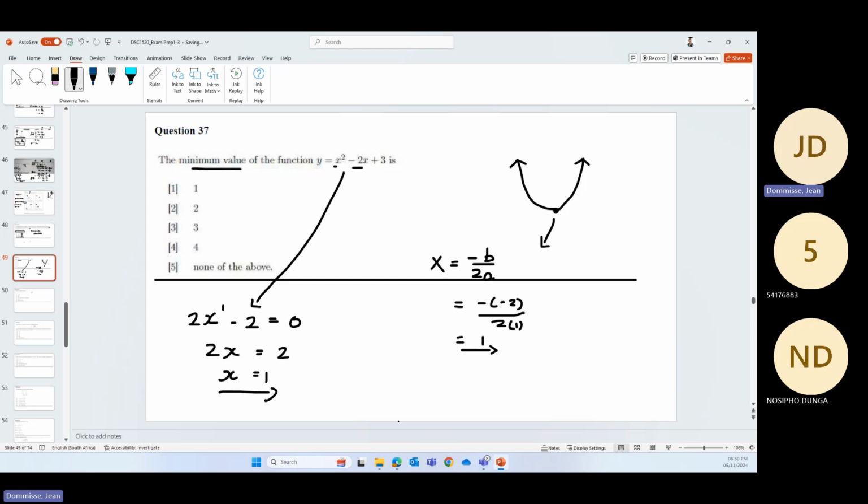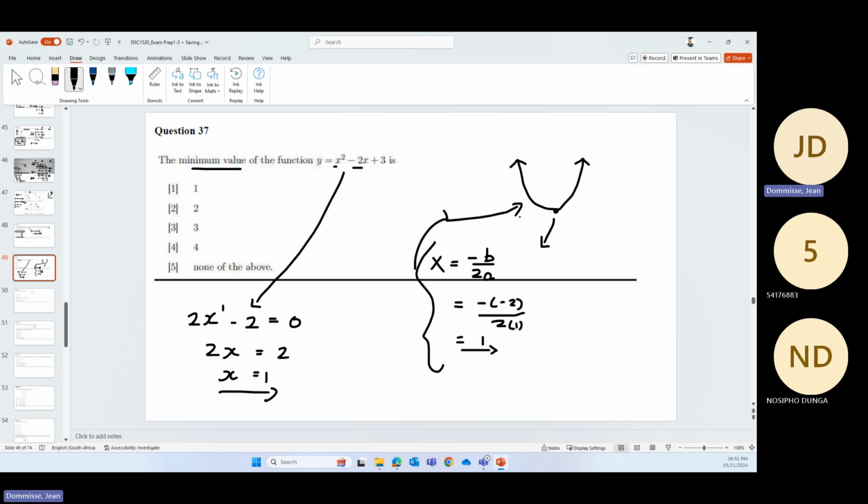What is just important is this turning point formula we can only use on a quadratic. I know we've done some of that earlier in the semester, when it was cubic, we normally needed to get two turning values, a minimum and a maximum value.